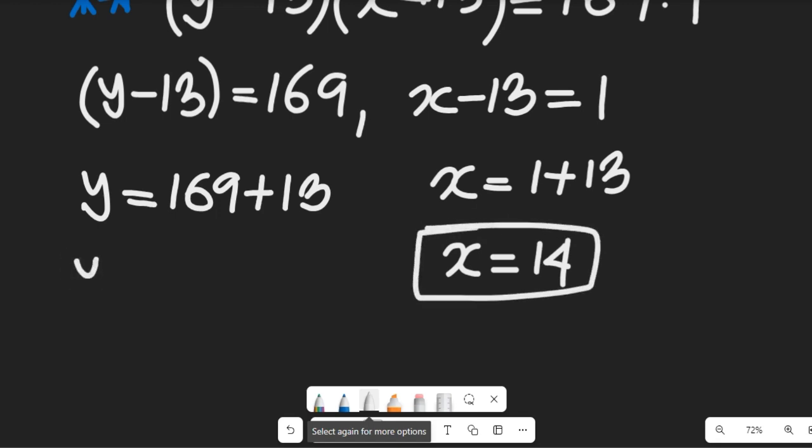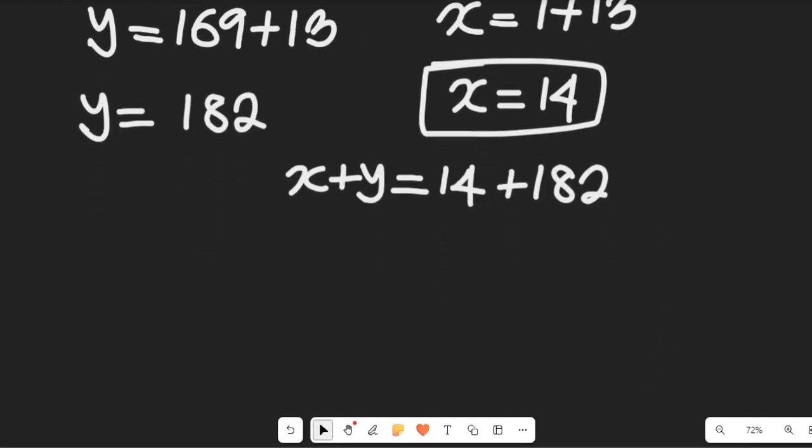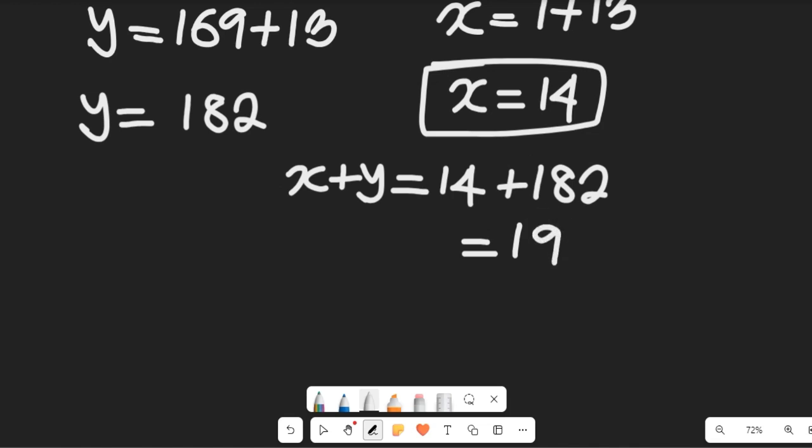And over here, our y will be equal to 169 plus 13, which is going to give us 182, right? So our x plus y is going to be equal to 14 plus 182, and that will be equal to 196. Great, and that is the second case solution.